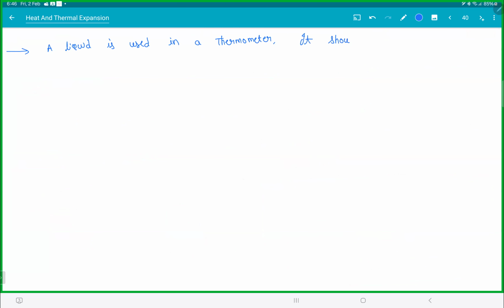So it should have this volume expansion gamma more or less, or specific heat more or less, or both are less, or one more and one less. Gamma is the coefficient of volume expansion. S is the specific heat capacity.